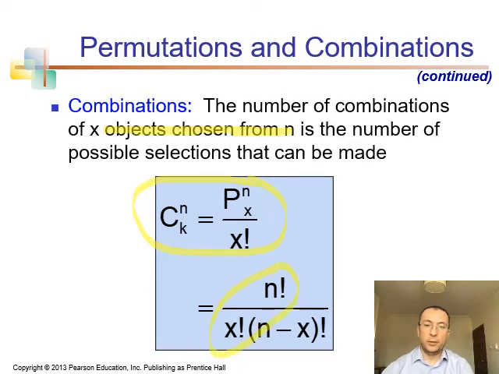N factorial over n minus x factorial. Sorry, that was a mistake.